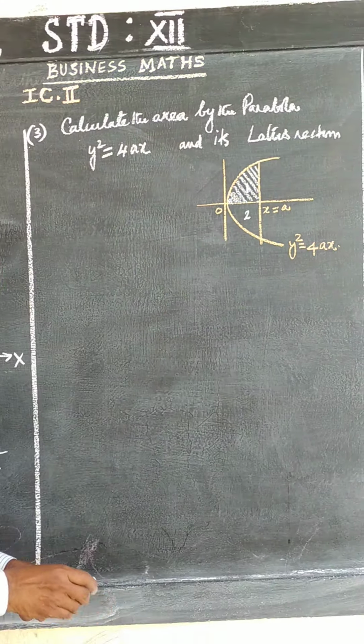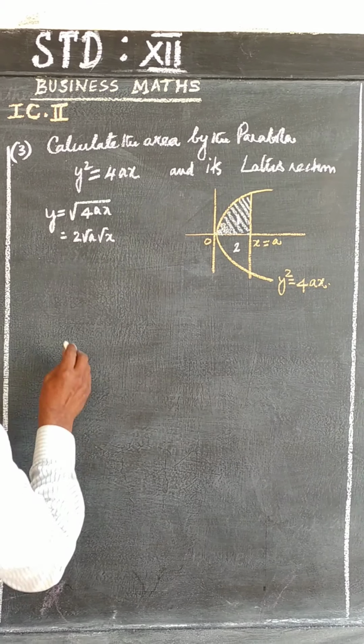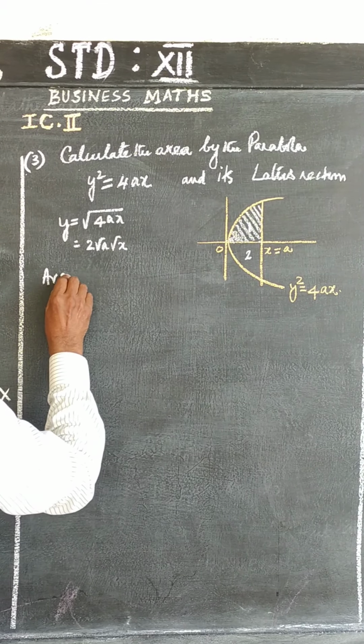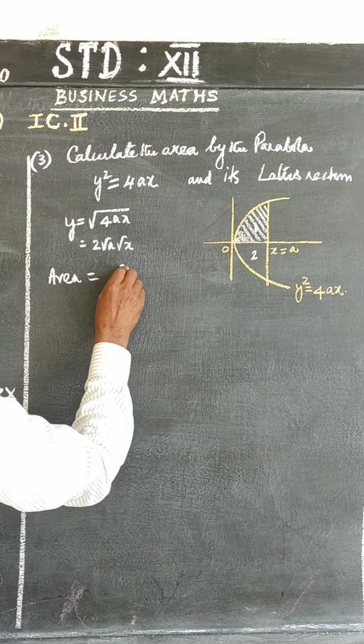Therefore, it ranges from x is equal to 0 to x is equal to a. Therefore, area is equal to the integral from 0 to a of 2 into root a root x dx, that is twice, because we have two parts in this.